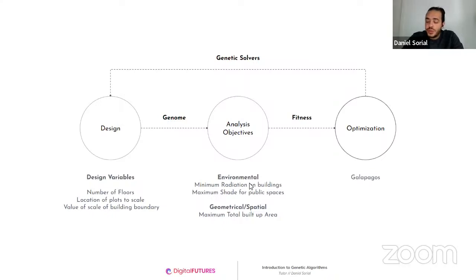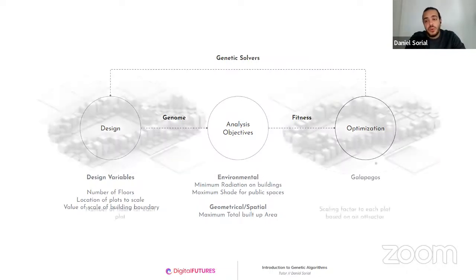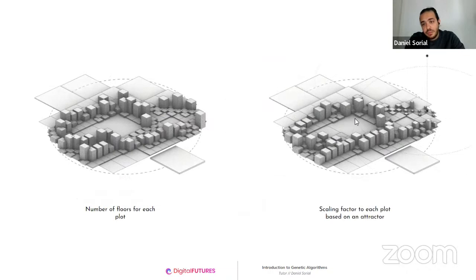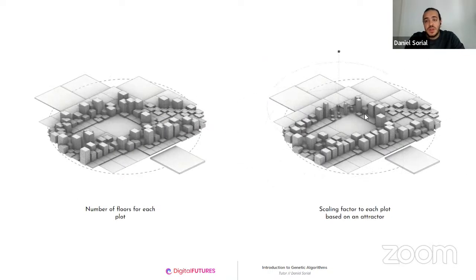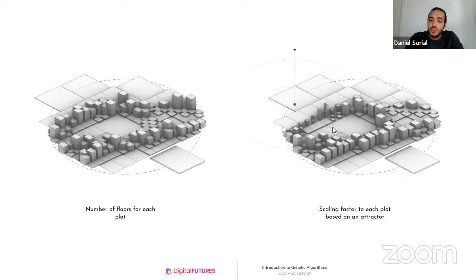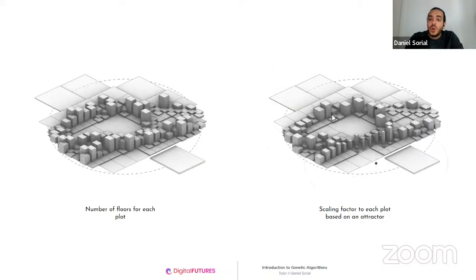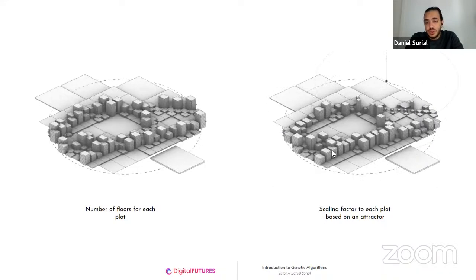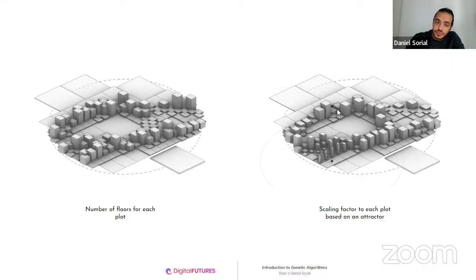So the goals that we're trying to have, we have an environmental goal and we have a geometric or a spatial goal, right? So the environmental goal is we want to minimize the amount of radiation on the buildings. And we also want to maximize the shade for the public space. So if you go back, you're going to see that we have here two public spaces inside this urban area. And we want to maximize the shade within this urban plot, right? But we also want to minimize the amount of radiation exposed to all the buildings.